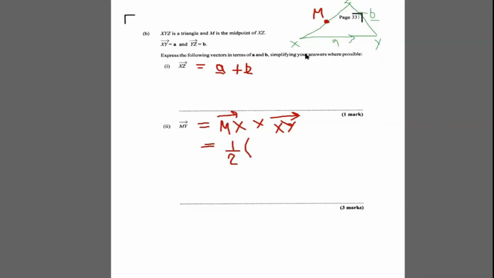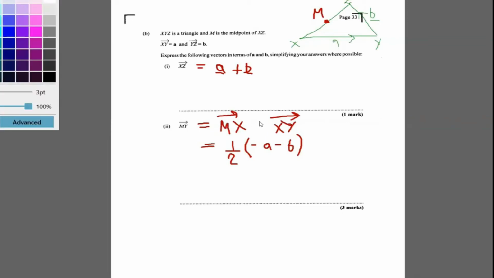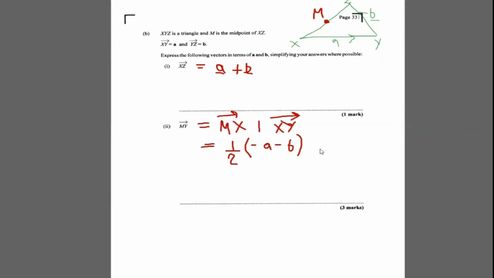And going from Z to X is minus XZ. This is a half of minus A minus B. This should be plus XY now, and XY is A. So all of this works out to be minus A over 2 minus B over 2, plus A, which is A over 2 minus B over 2.